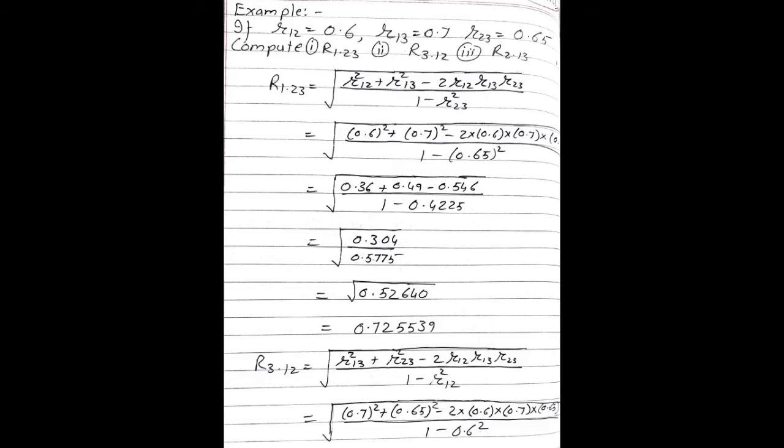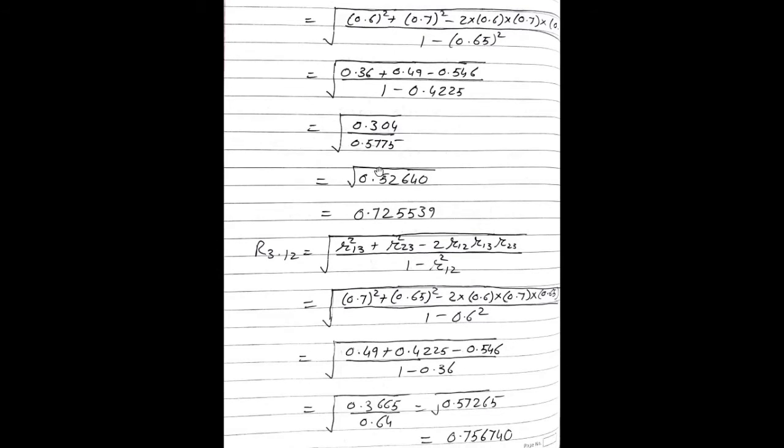So the value becomes 0.49 plus 0.4225 minus 0.546 divided by 1 minus 0.36.